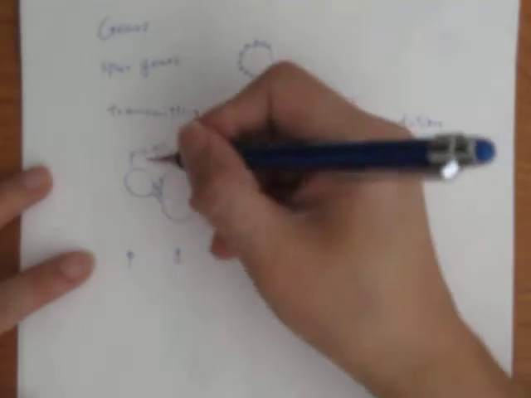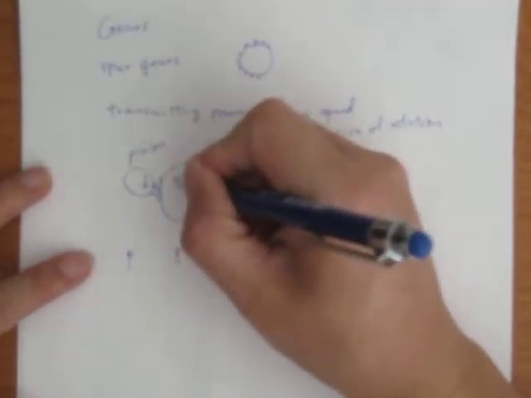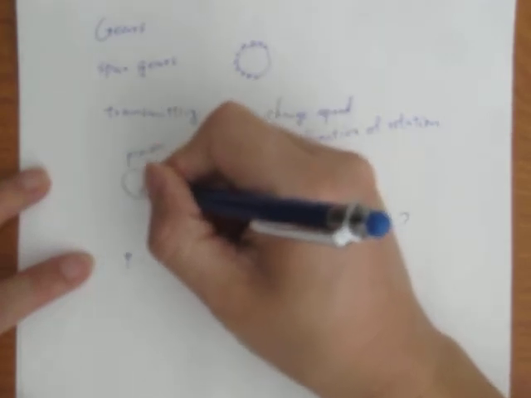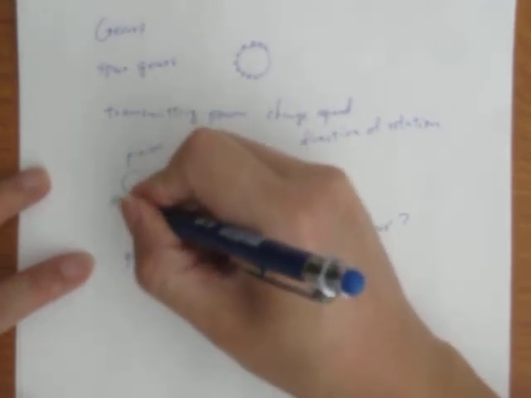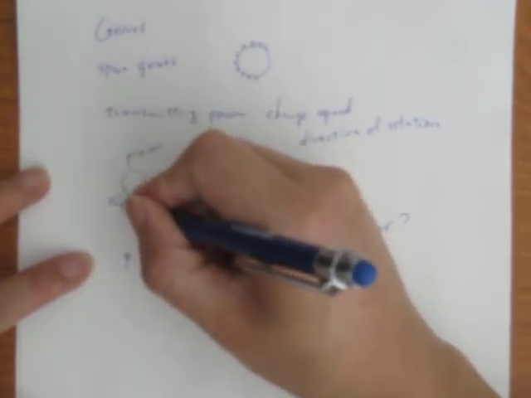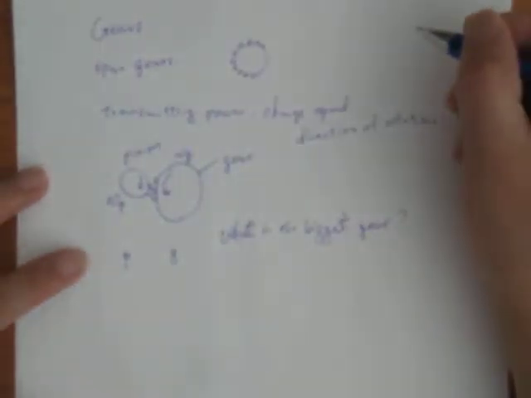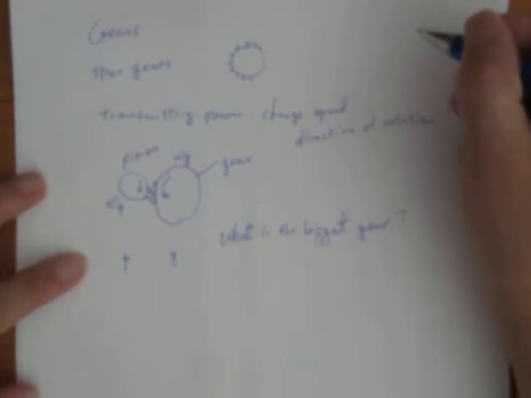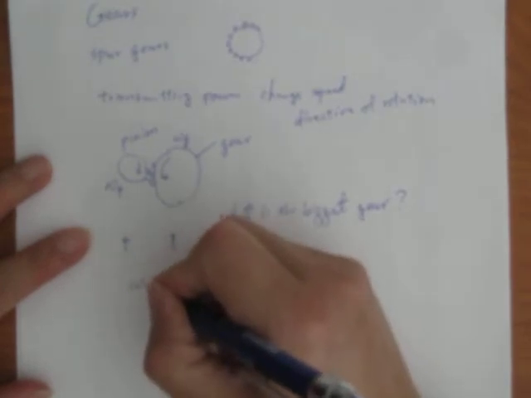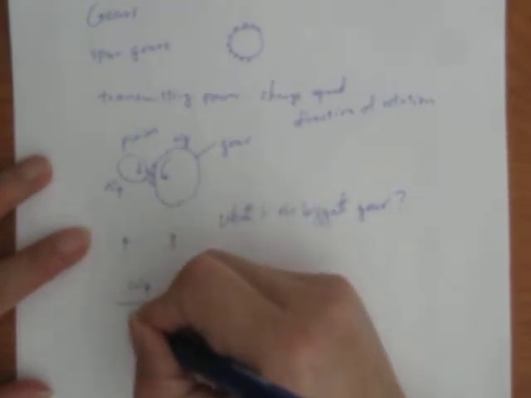Now, let's say this one rotates and this one rotates, and we will have rotation speeds. Let's say this is omega p, and this one is omega g. We will have this relation: omega p for the pinion, omega g for the gear.